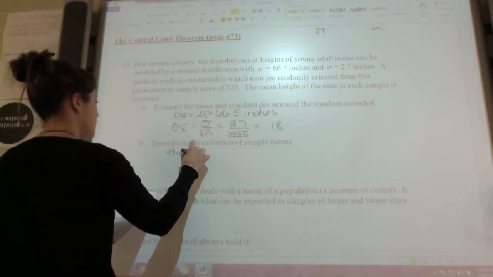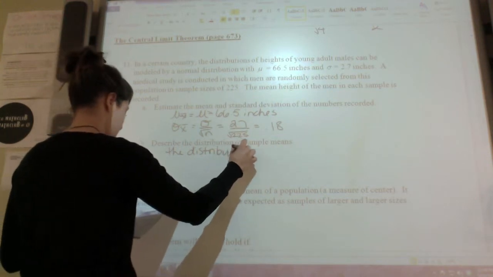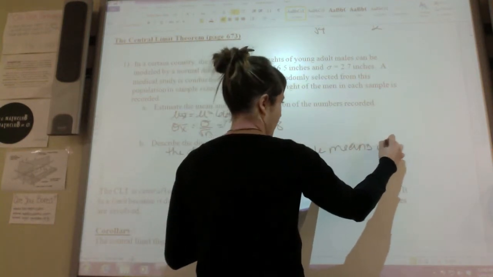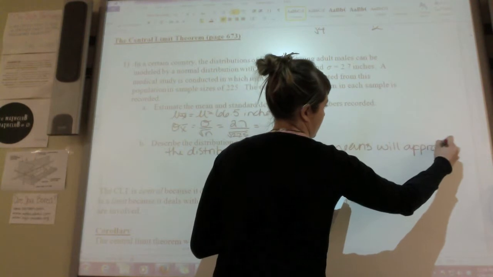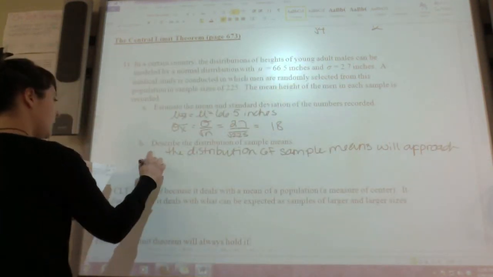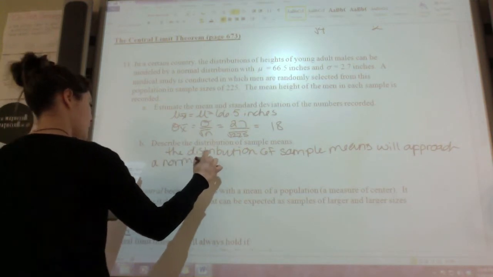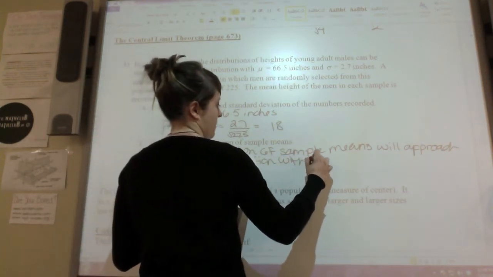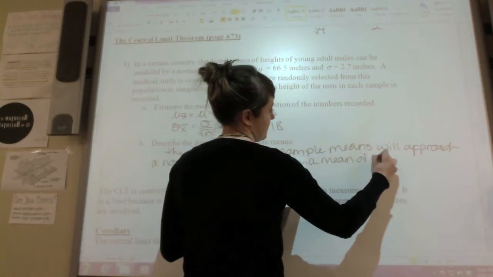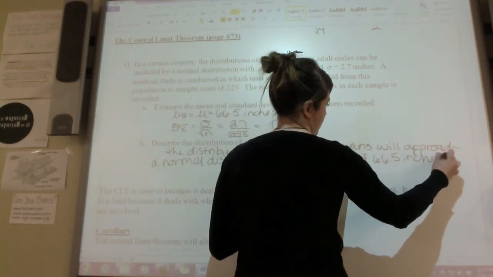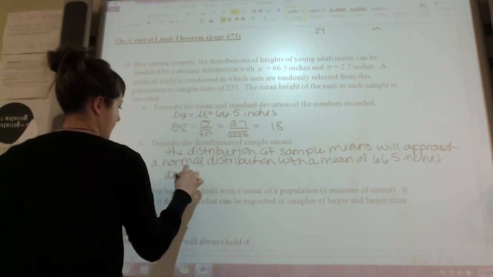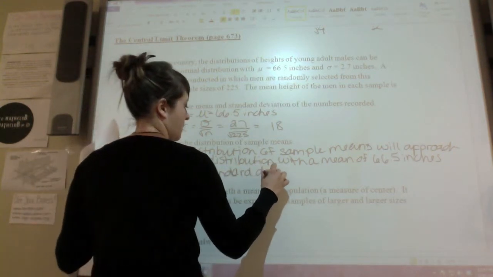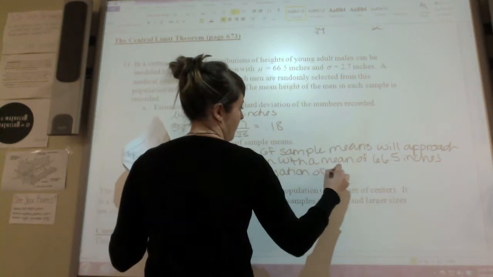Well, I can say the distribution of sample means will approach a normal distribution with a mean of 66.5 inches and a standard deviation of 0.18 inches.